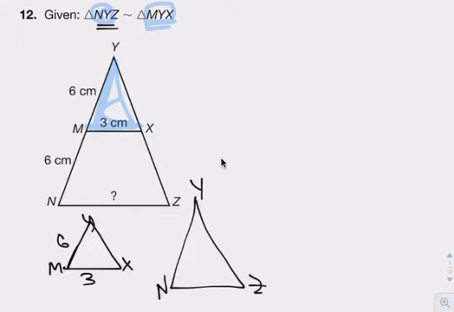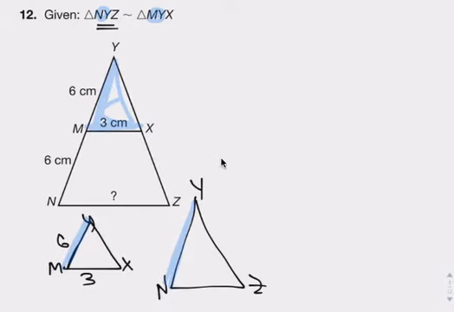Okay? Now, MY right here corresponds to NY right here. If you look at it, let me mark up here. MY corresponds to NY. Okay?